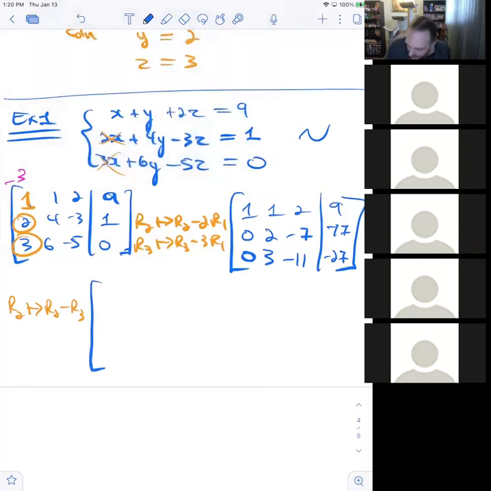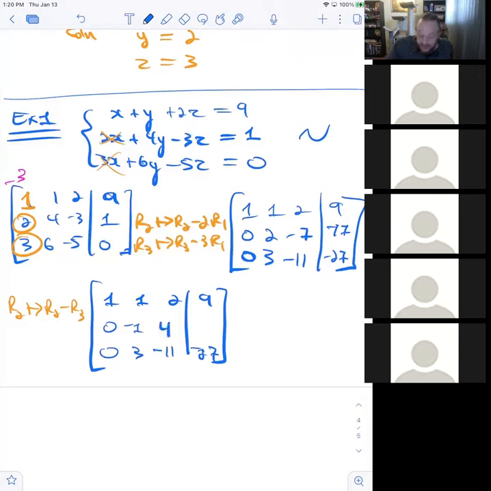But what I'm going to do now is I'm going to get 1, 1, 2, 9. I'm also not changing row 3 right now, so copy it down quickly. And then now I'm doing 2 minus 3 is -1. -7 minus -11 is 4, and -17 minus -27 is 10.